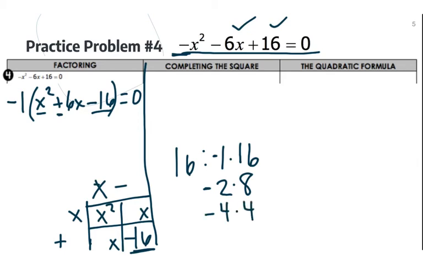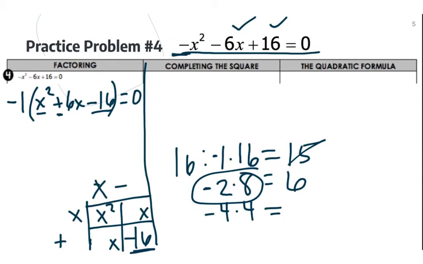Okay, so negative 1 plus 16 is 15. Nope, I'm looking for 6. Negative 2 plus 8 gives me, oh, that gives me 6. All right, cool. And negative 4 plus 4 would give me 0. So I'm not looking for that either. All right, so I'm going to have negative 2 here and a positive 8 there.